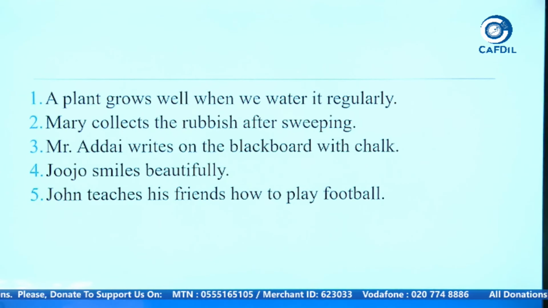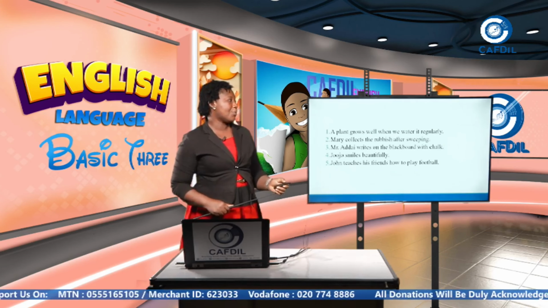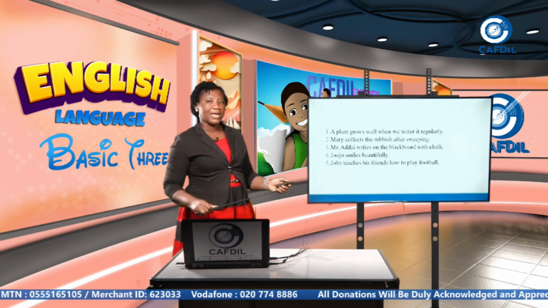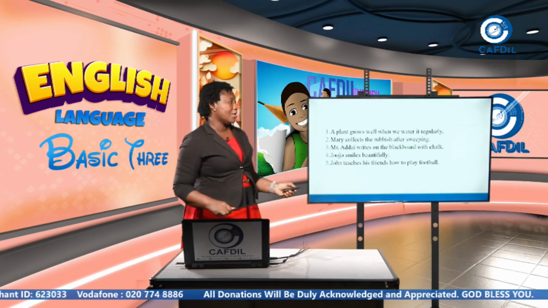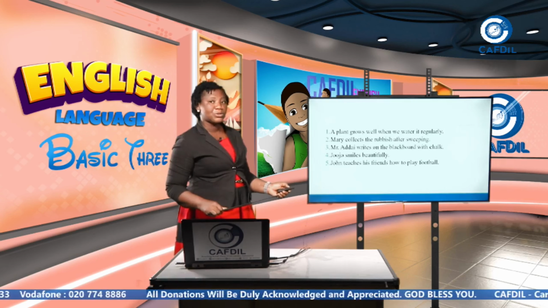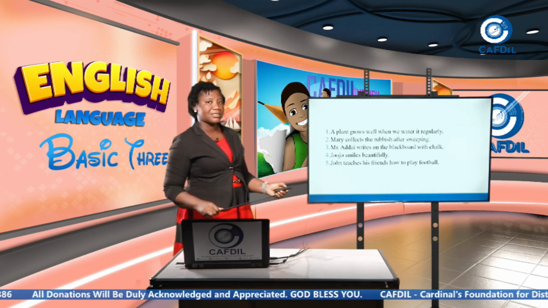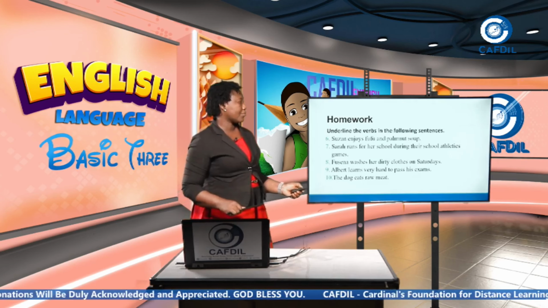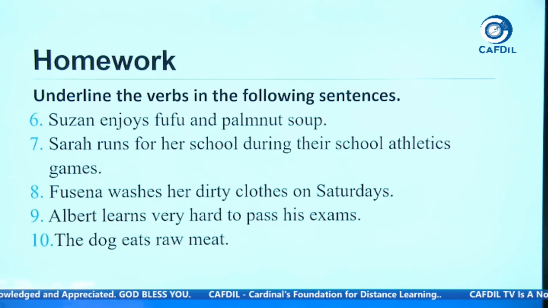So these are the sentences I want you to try your hands on. You are supposed to underline the verbs in the sentences. So let's go over so that you make sure that you have written the correct things. I'll give you 2 minutes to do the writing.